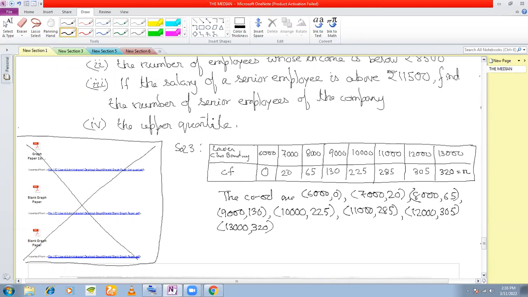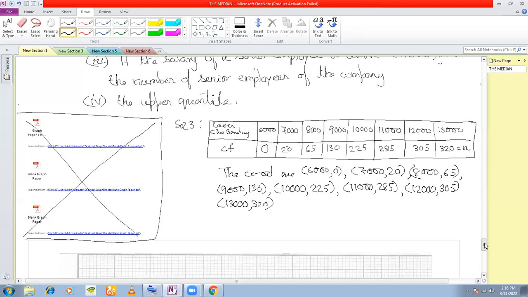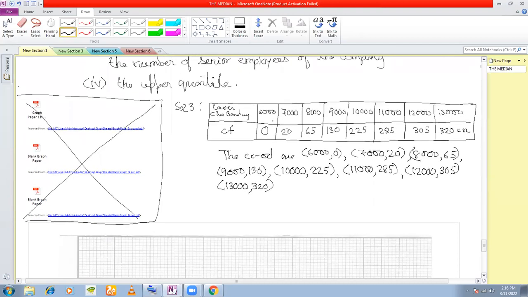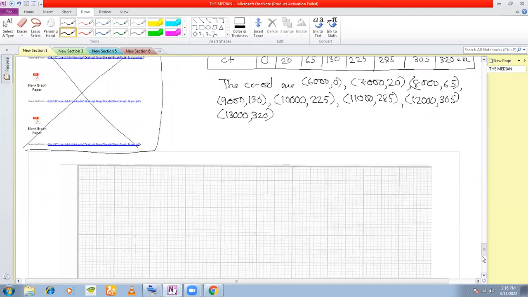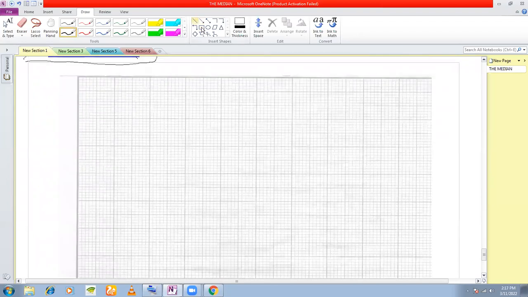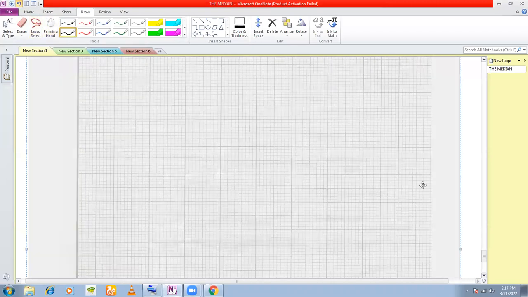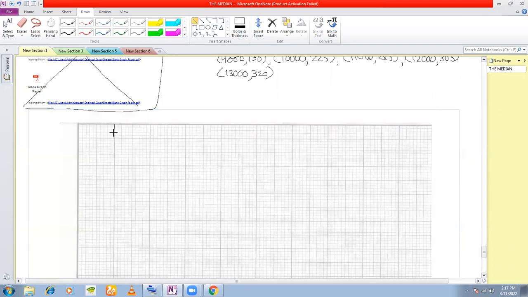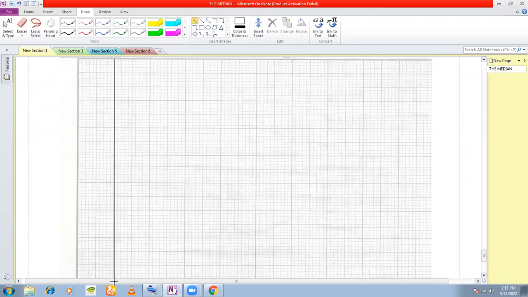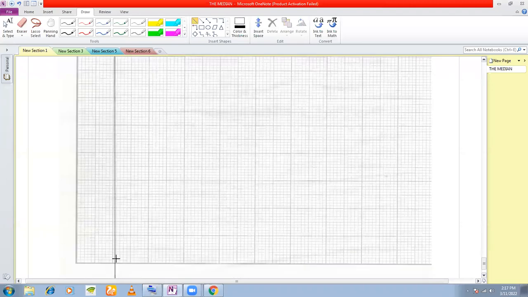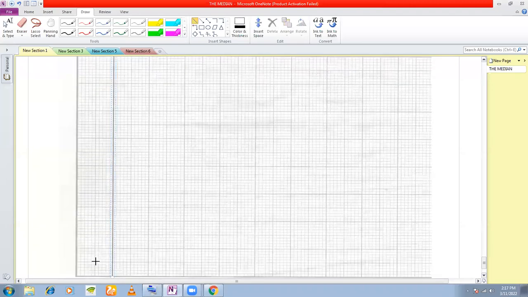Now we plot the lower class boundary on the x-axis, because that is a variable. What is the scale? Right from 6,000 till 13,000 we have to draw. So we first draw the axes. This is my y-axis, and this is my x-axis.